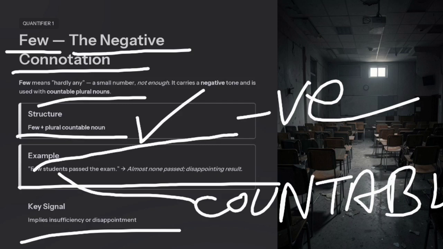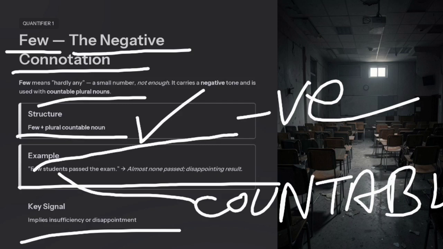If it's a countable plural noun, and it expresses insufficiency or disappointment, then definitely you must choose few. So what we gain from here: few, negative connotation, we should use a plural countable noun with it, and we should use it when the sentence implies insufficiency. That is the main thing about few.